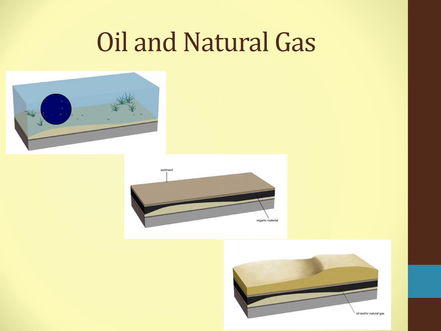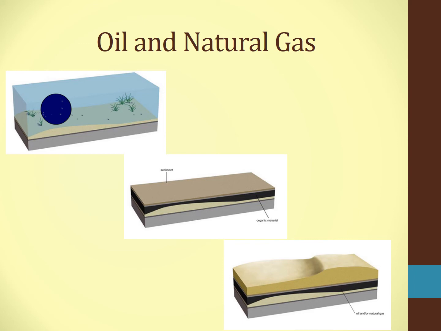And petroleum and natural gas form in much the same way. However, they form when tiny marine organisms die. So if it's a marine organism, you're going to find those in the ocean.